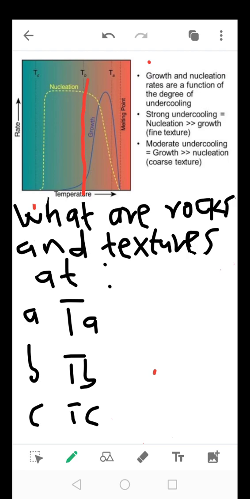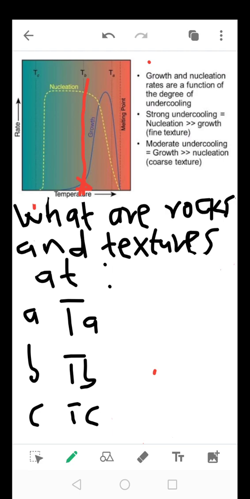But look at the intersection of the red line on the growth curve. Now you can see that the growth curve is intersected at the far bottom. So we can say that even though we have a high nucleation rate, the growth is so small, the growth is not enough.